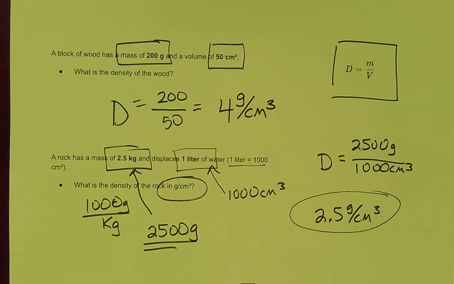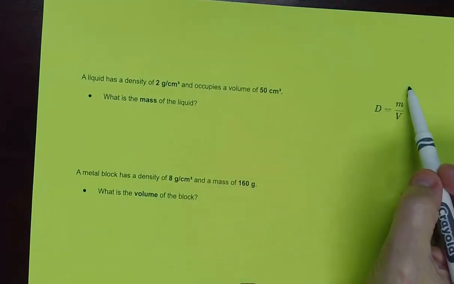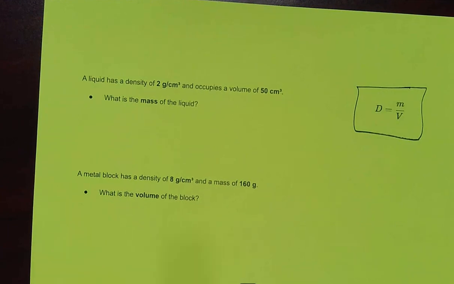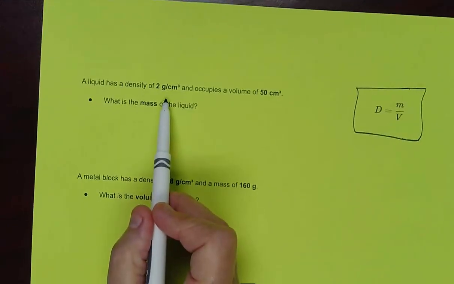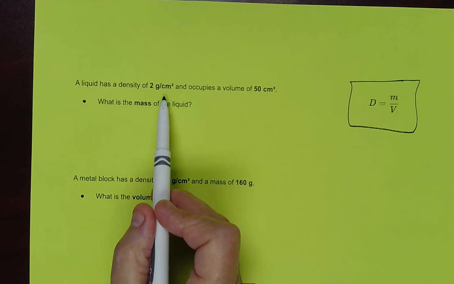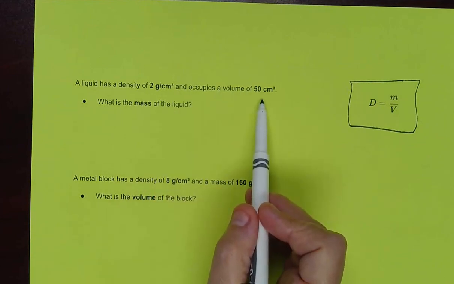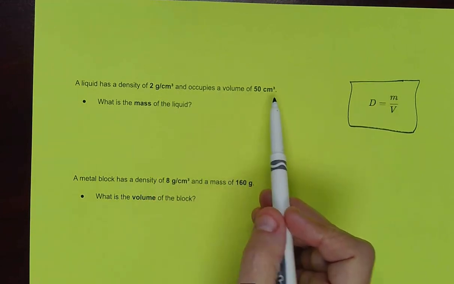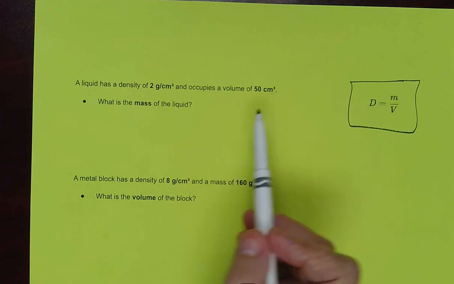And sometimes they will also ask you to work backwards. They may give you the density and ask you to find the mass or the volume. So once again, we're going to use this same formula, but we might have to use a little more algebra skills in this one. So a liquid has a density of 2 grams per centimeter cubed and occupies 50 centimeters cubed of space as that volume. What is the mass?